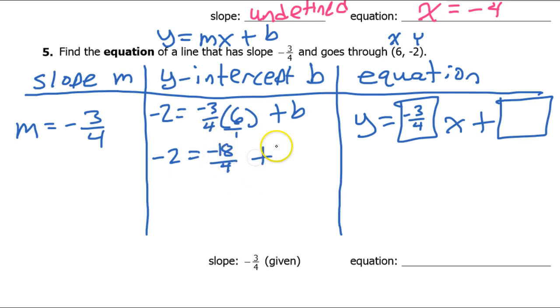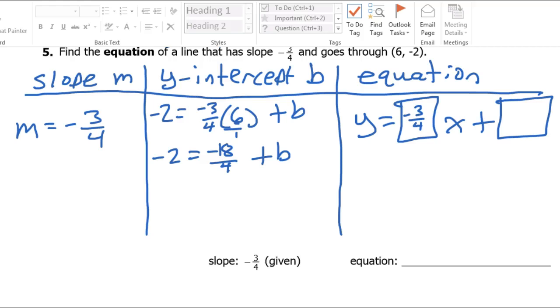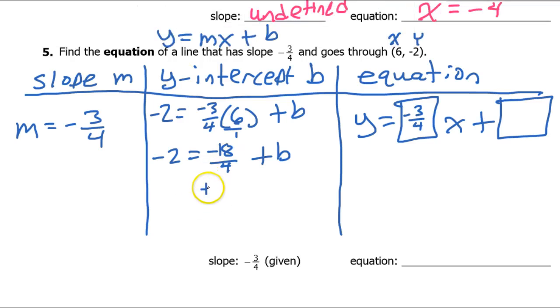All right, so it looks like we're going to have fractions and stuff. My goodness. So I'm just going to go ahead and do the next step. So if I want to get b by itself, what do I need to do? Nobody answered fast enough. So I need to add 18/4 to both sides.